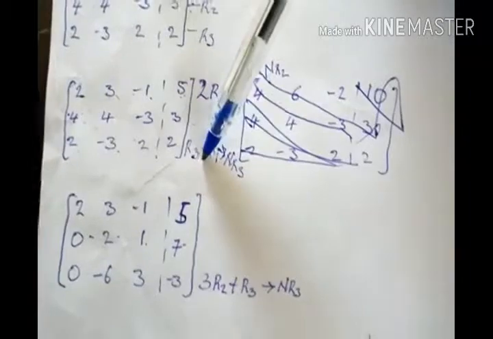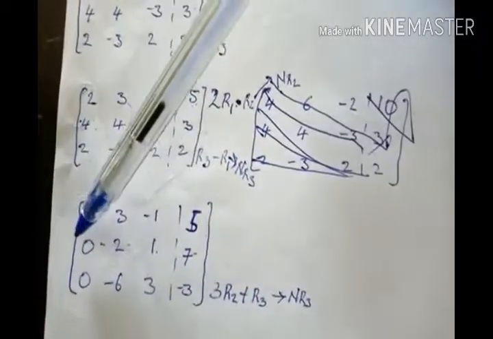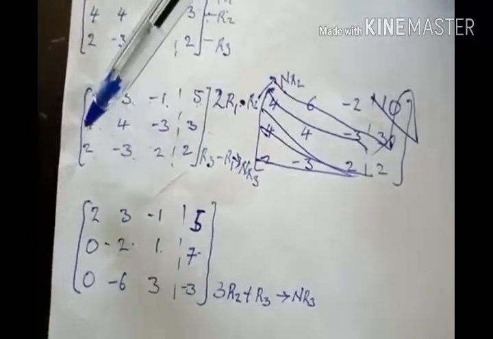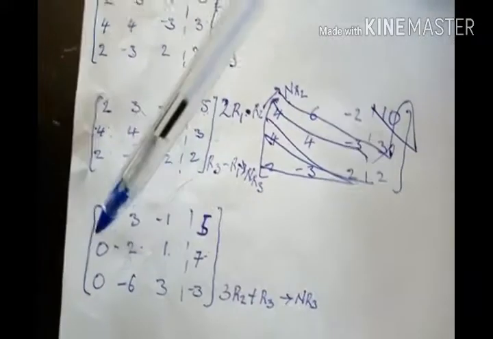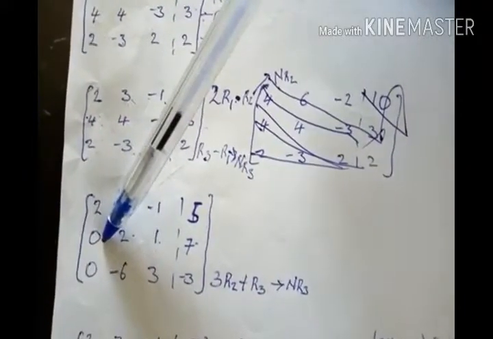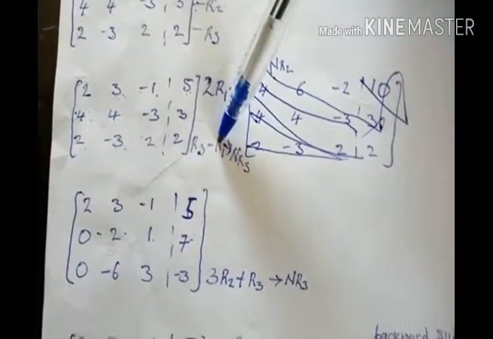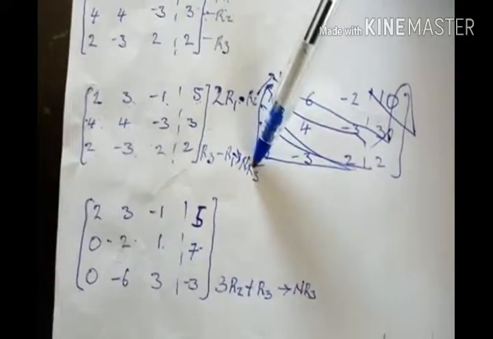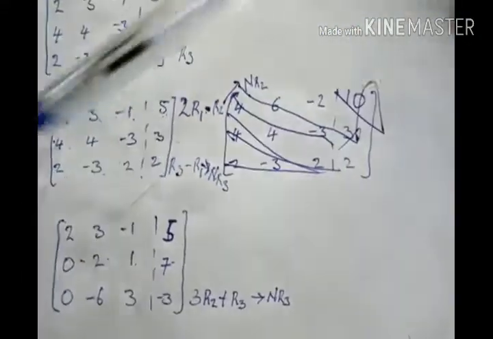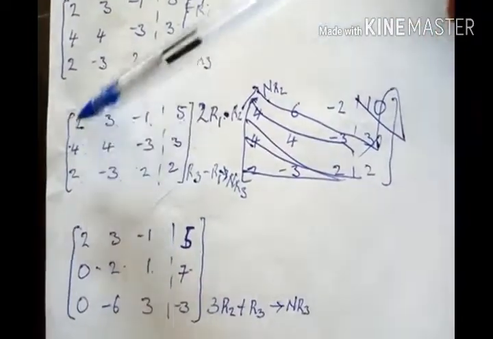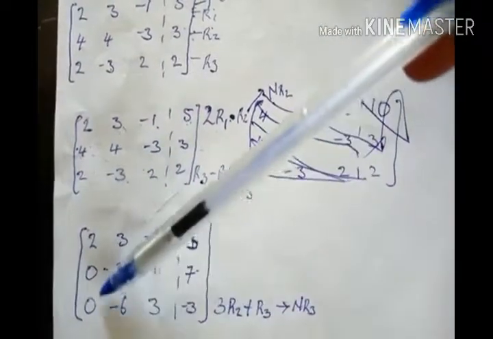Coming to row 3, because I'm trying to eliminate this and this. You see, already I've eliminated this to be 0. I'm going to eliminate this now. Row 3 minus row 1 to give me my new row 3. So 2 minus 2 is 0 here.